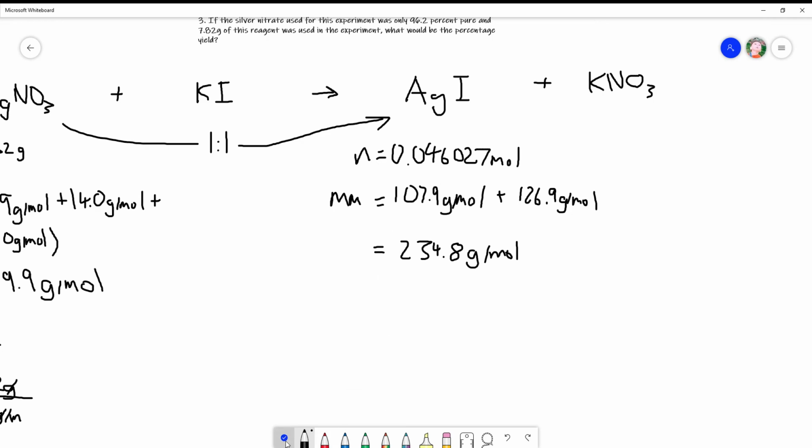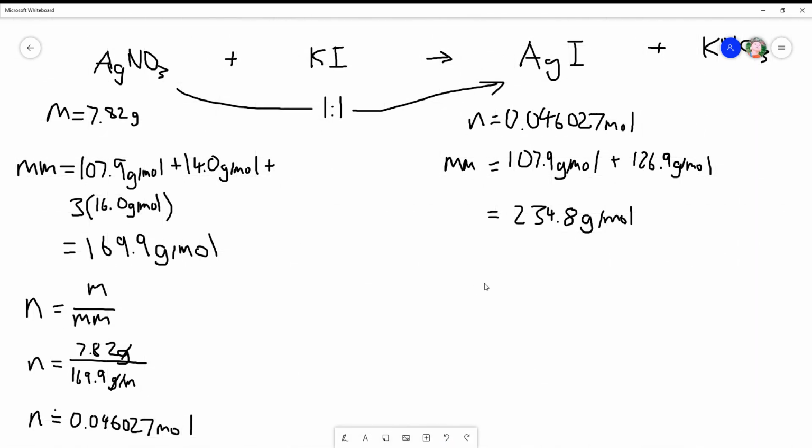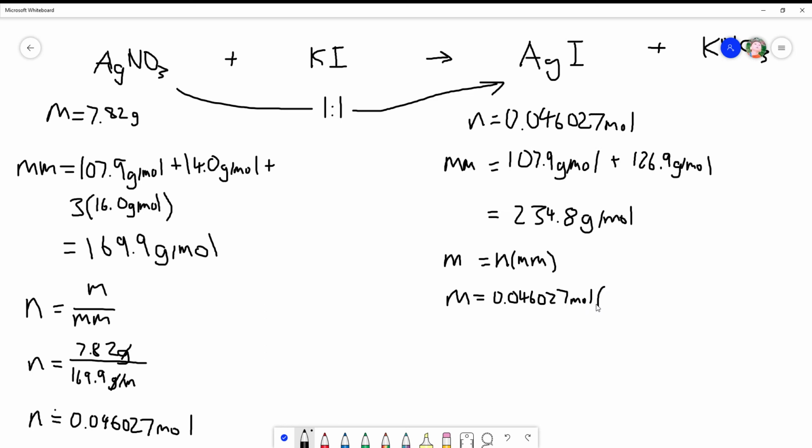And using these two, we can rearrange the formula over here and find the mass. So once we rearrange the formula, it should be m equals n times M, or mass equals number of moles times the molar mass. So the mass of silver iodide is 0.046027 moles multiplied by 234.8 grams per mole.